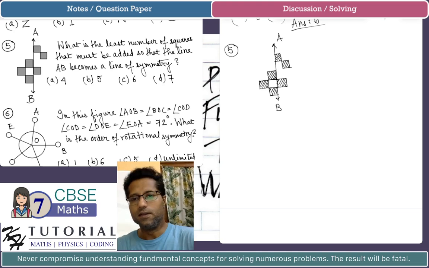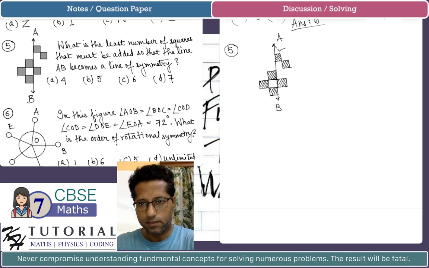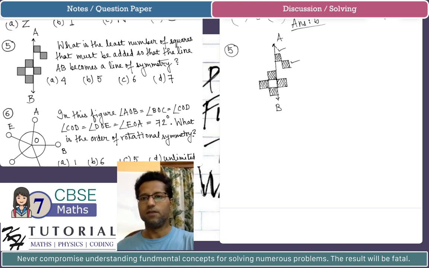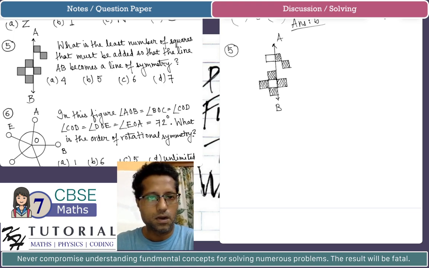Now, definitely, since on the right hand side of the straight line AB we see this square and this square, there has to be corresponding squares on the left hand side. So there has to be one square like this, and also this square.